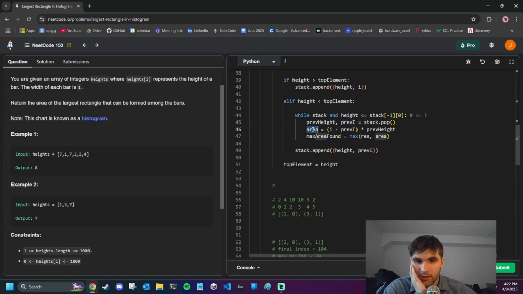So then we'll say area equals I, which is 5, minus 1, 4. So this is 4 times 3, 12. It should be 5. It's actually 5 minus 1 now. So it's 5 minus 1, so it's 4.